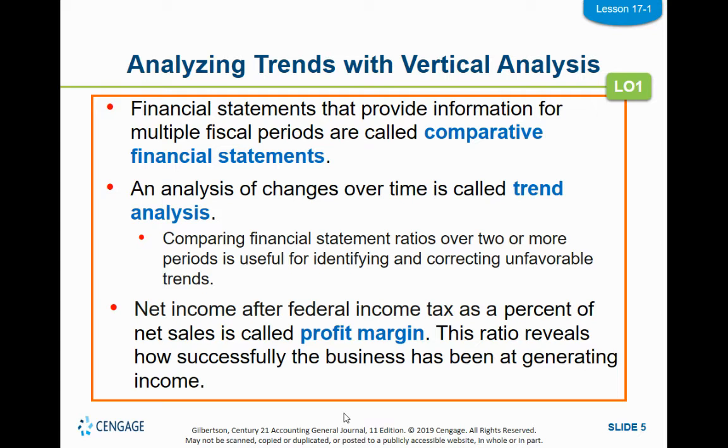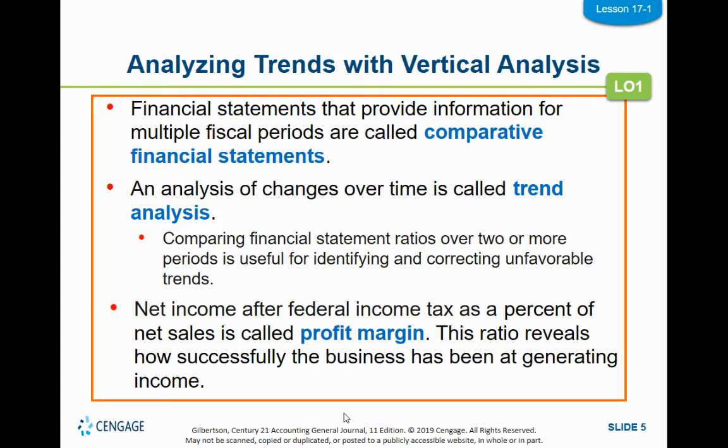So an analysis of changes over time is called a trend analysis. What is the trend? Are our sales going up, or are our sales going down? And when you compare those financial ratios over 2 or more periods, you can find the unfavorable trends and the favorable trends. The net income after federal income tax as a percentage of net sales is what we call profit margin.